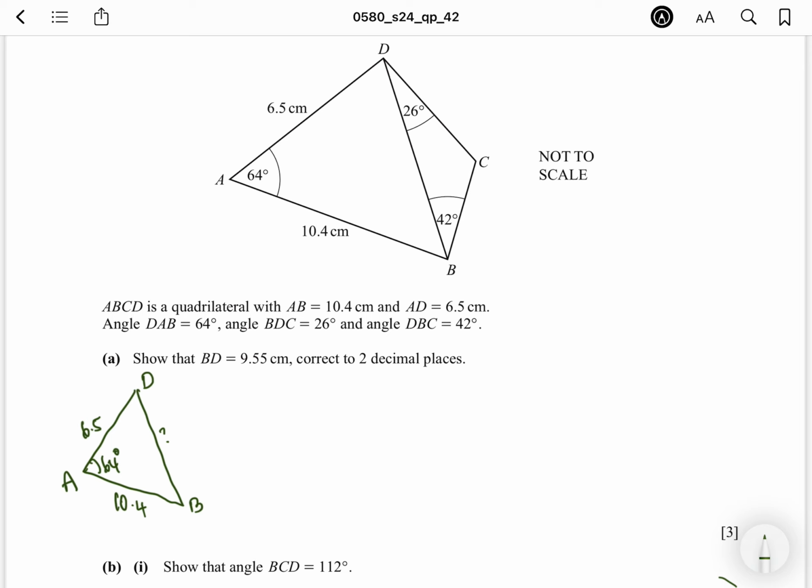Which one is more likely we could use? Cosine. Why? Because there are 2 sides and 1 angle. Although the sine rule also uses 2 sides and 1 angle, with the sine rule, 2 sides 1 angle asks you to find an angle.